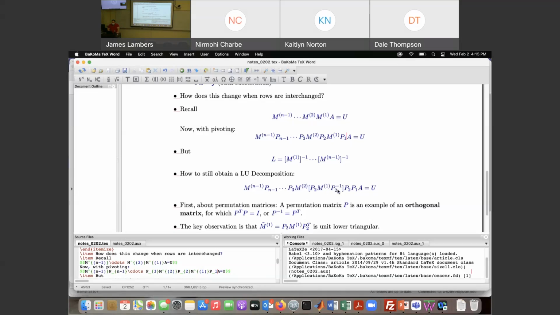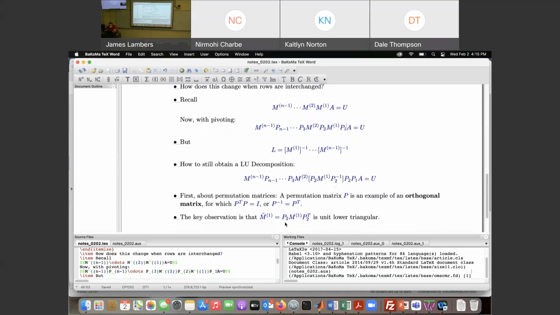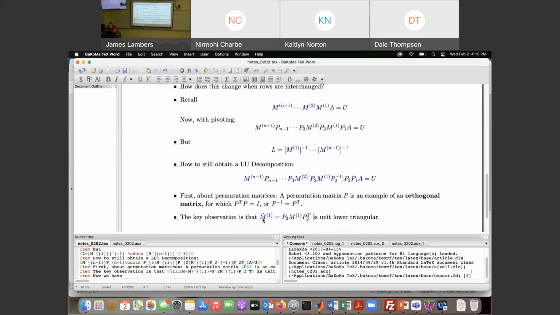So I can replace this P2 inverse with P2 transpose. So now I have P2 M1 P2 transpose, and I'm going to call that M1 tilde. How do these two matrices, M1 and M1 tilde, differ?